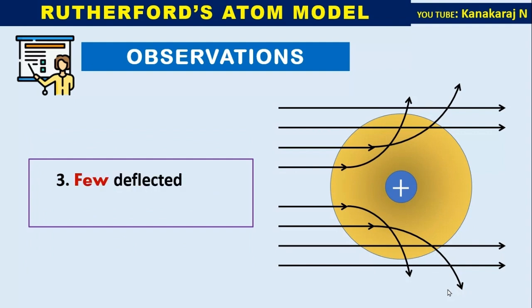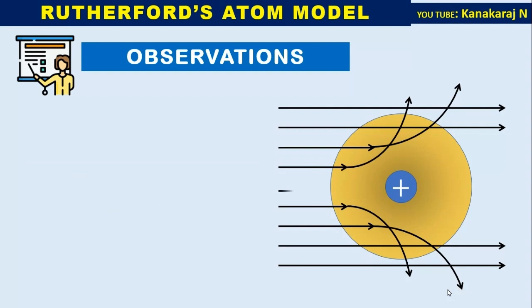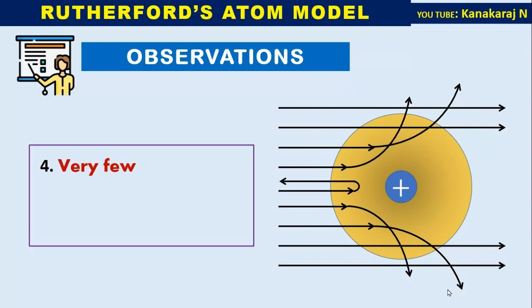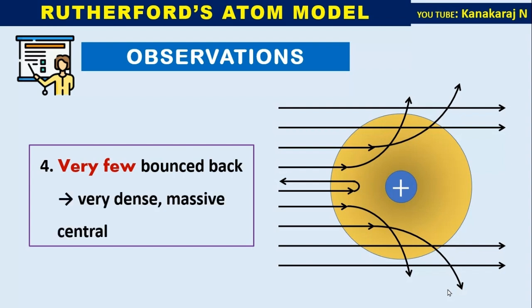A few were deflected by more than 90 degrees. 4. Very few bounced back, which means a very dense, massive central core is present, which Rutherford called the nucleus.